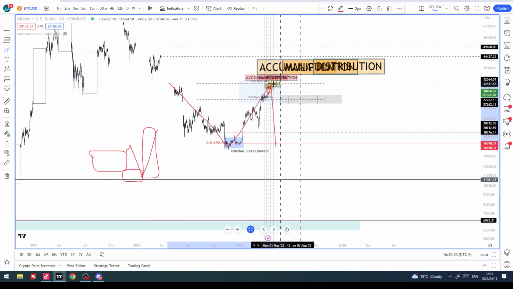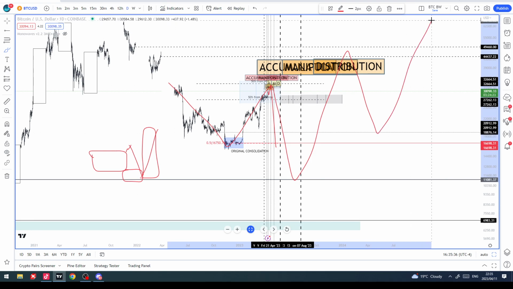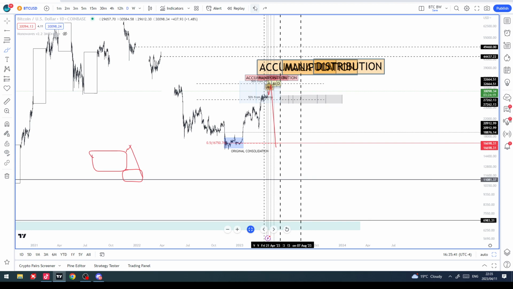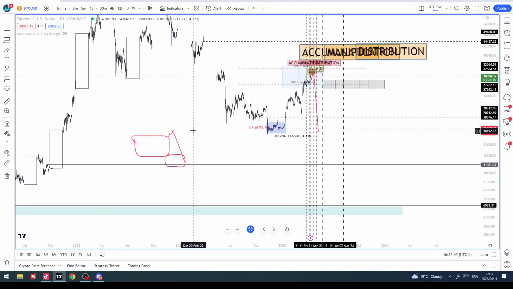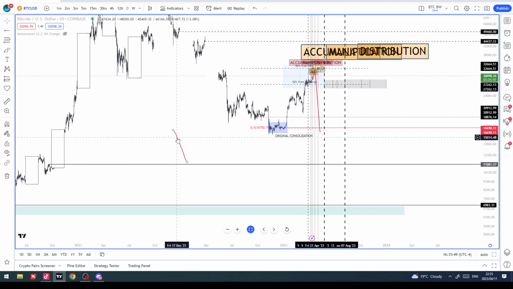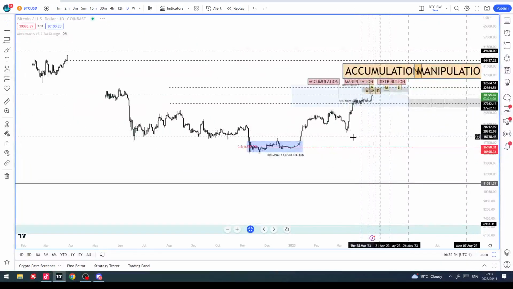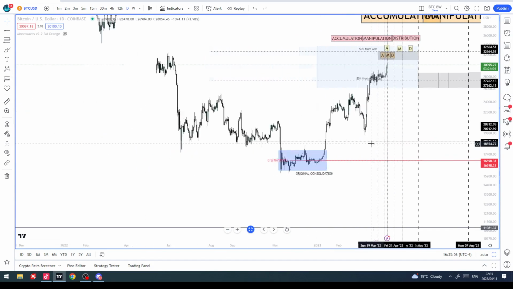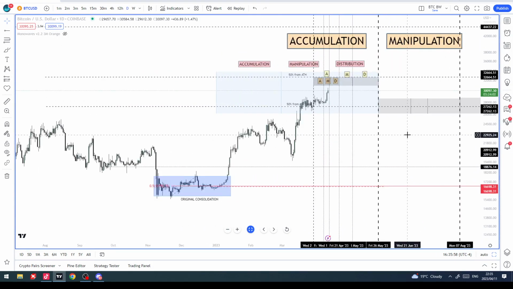Accumulation, failure swing, OLR, push, retrace, continuation. So very important what happens in the next few days. If 25k holds, we'll make a push for at least 32 or higher. If we lose 25k, then maybe it's cooked to go lower. So tomorrow's daily candle is going to be very important.